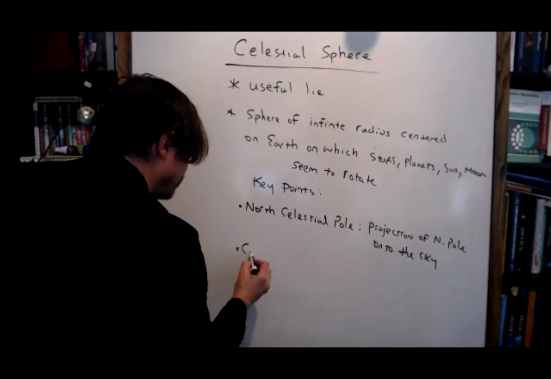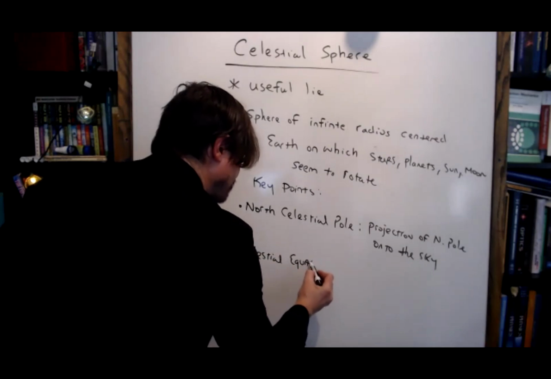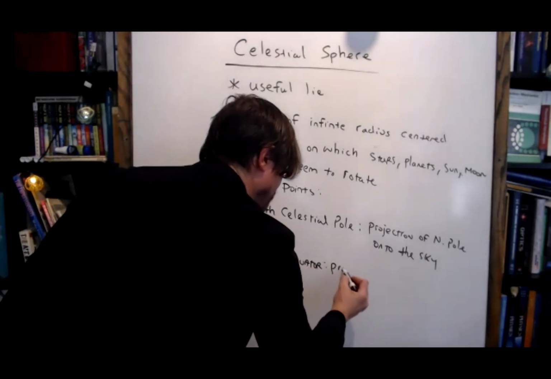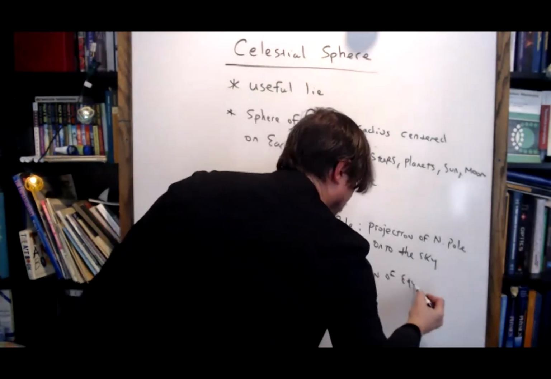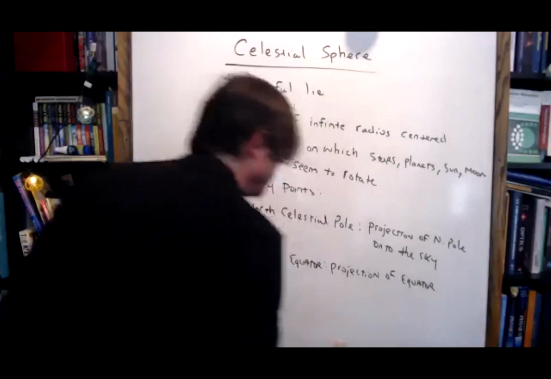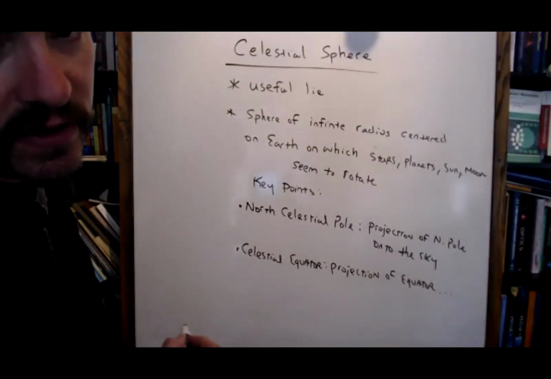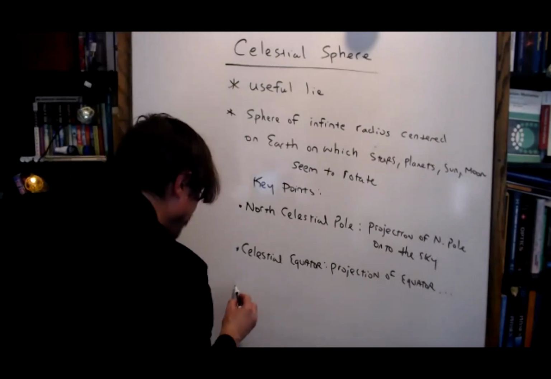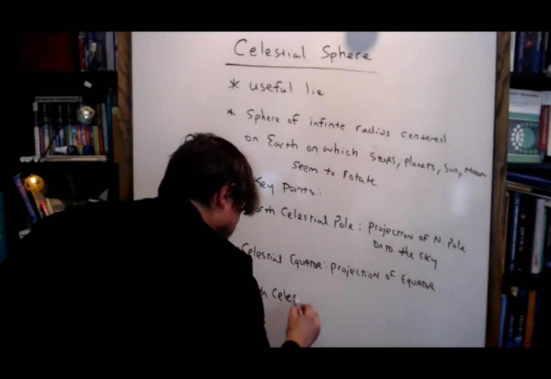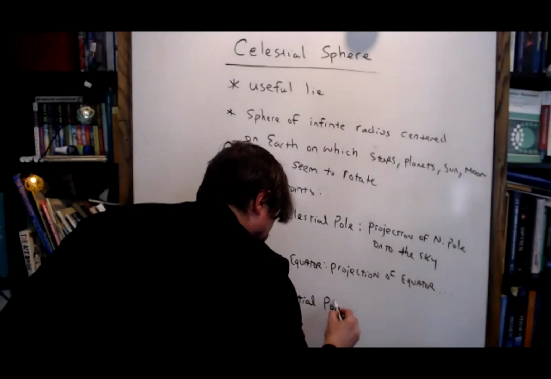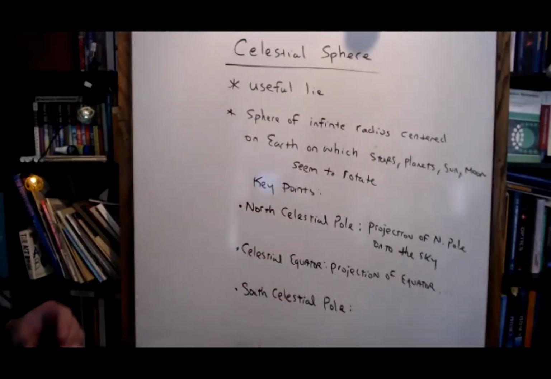There is the celestial equator, projection of the equator onto the sky. Okay, projection of the equator. Sorry, my handwriting's kind of bad today. And then the south celestial pole, which you can imagine is the projection of the south pole onto the sky.